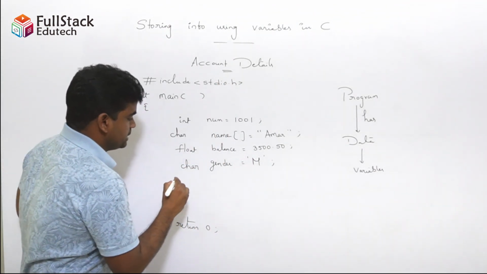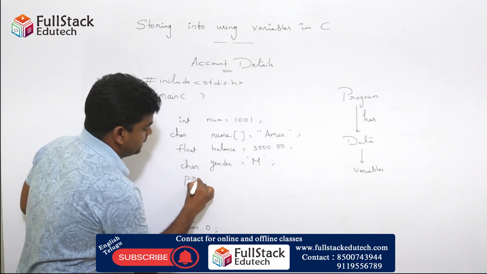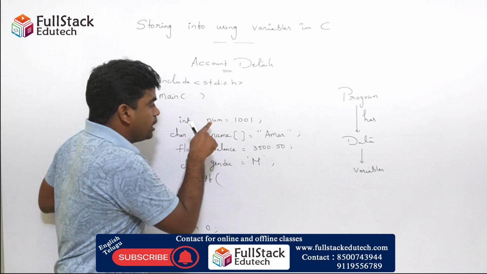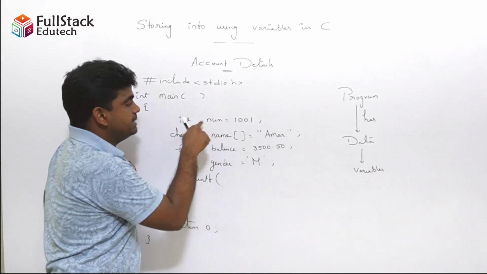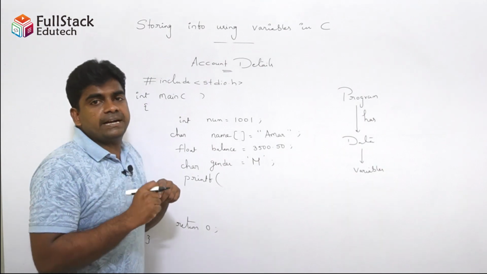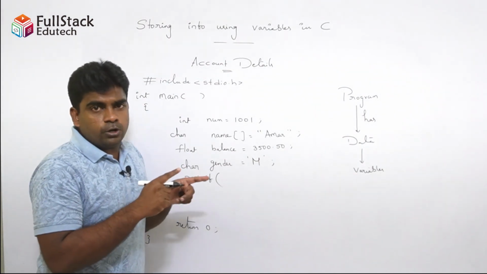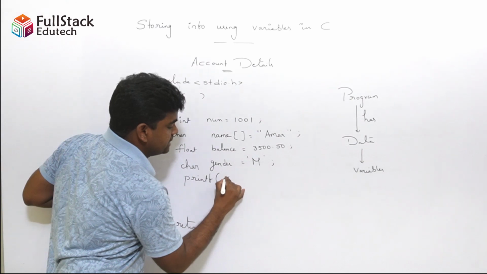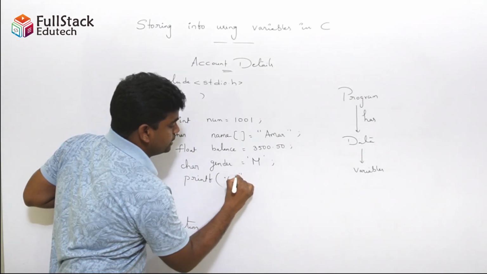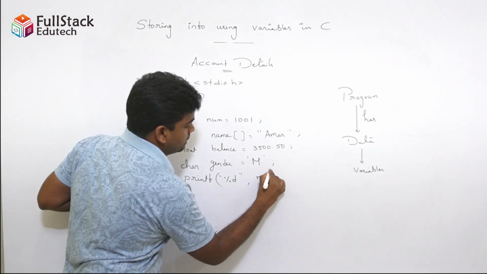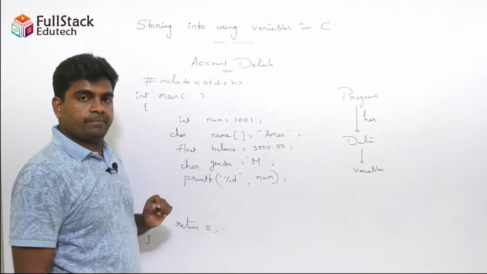Now we are using the printf function. If I want to display this number, it's an integer. Here you must use format specifiers. We already discussed what format specifiers are. %d is used to display the integer value.